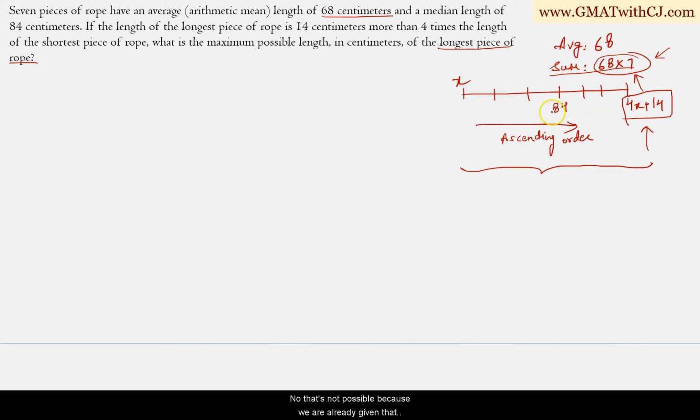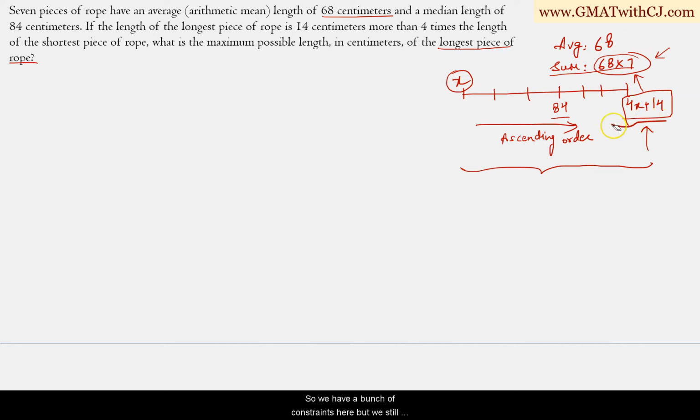No, that's not possible, because we are already given that the median is 84. So at least one rope is of length 84, and we also know that the smallest rope is of length x, and if x is 0, then of course it will also determine the value of the longest rope.